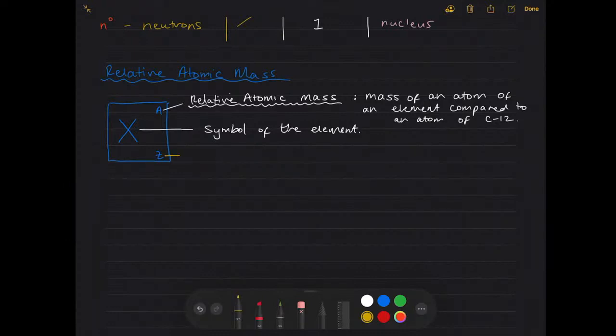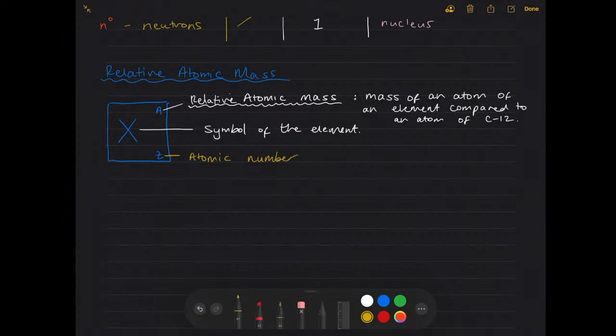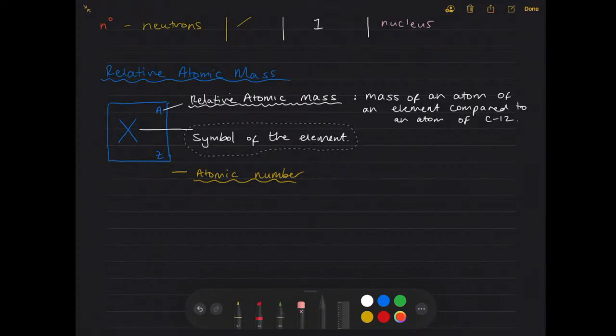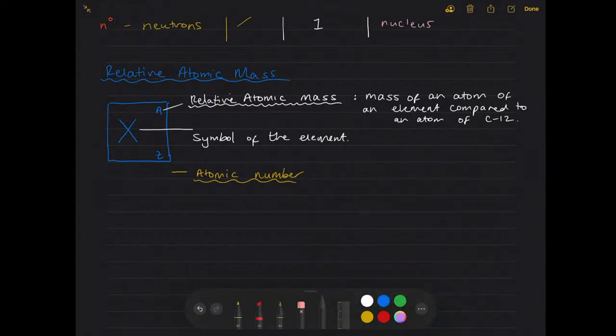And then the smaller number tends to be what we call the atomic number. Now, just to break this down a little bit further, there's the bit we're actually interested in: how does this relate? There's a very easy way for you to memorize which one's which.